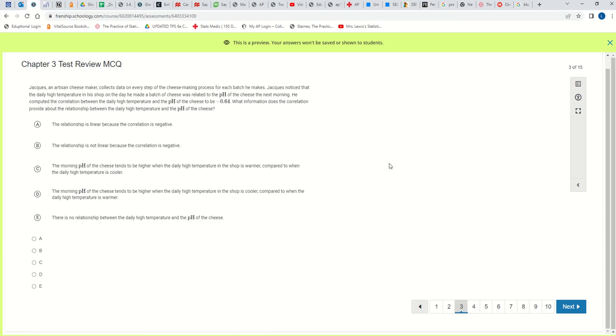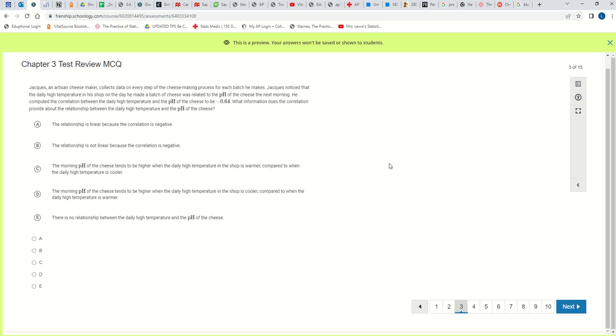He computed the correlation between the daily high temperature and the pH, and he found it to be negative 0.64. So think of this, negative correlation. What information does the correlation provide about the relationship between the daily high temperature and the pH of the cheese?